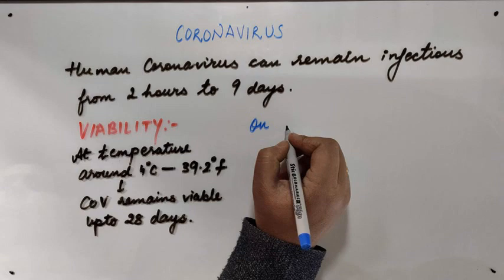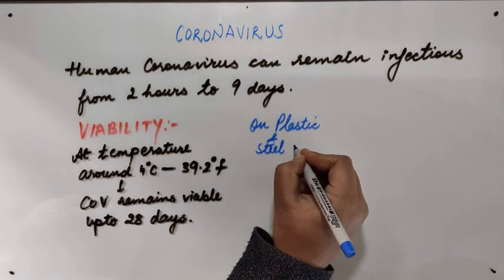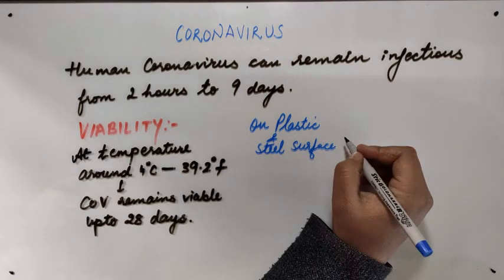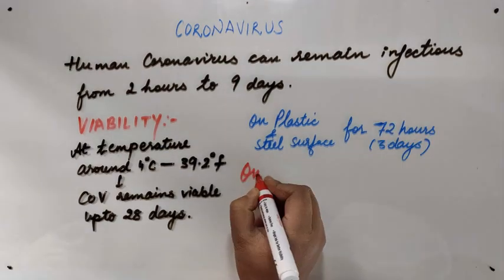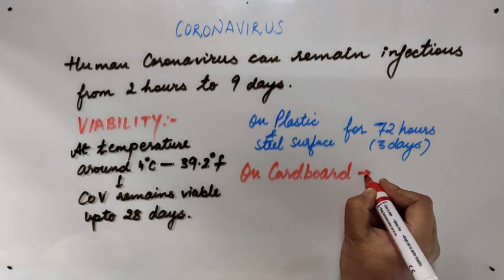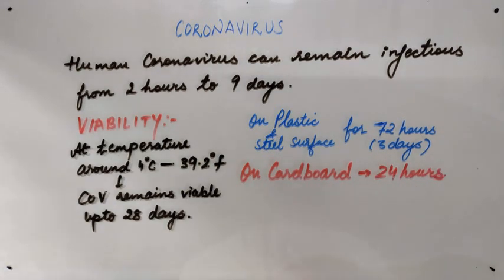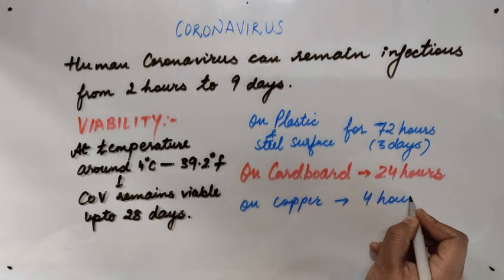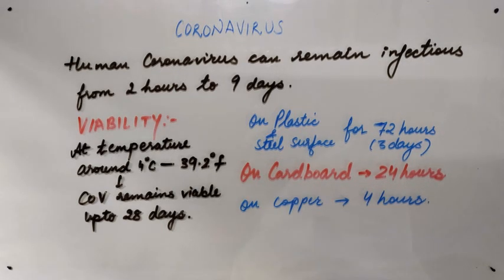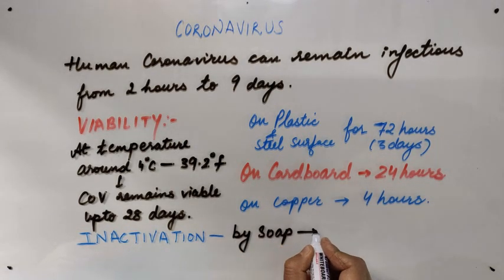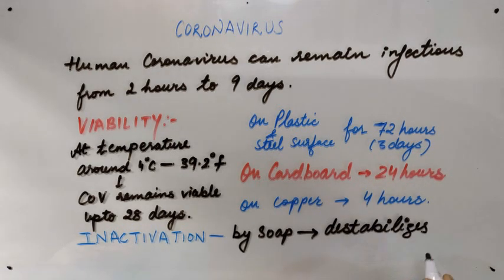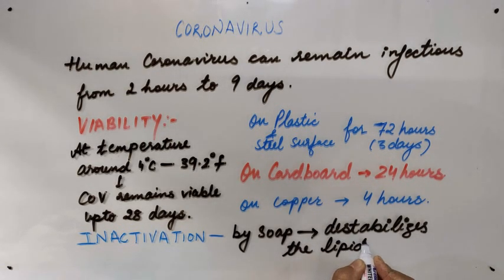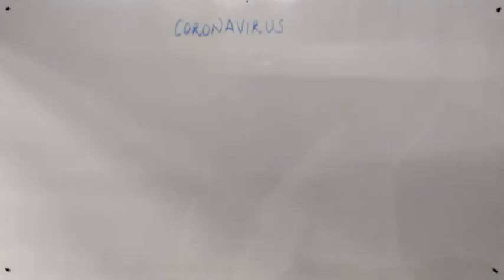And on plastic or steel surfaces, it can remain viable for 72 hours, that is 3 days, on cardboard for 24 hours, and on copper for about 4 hours. Inactivation of the virus. It gets inactivated by contact with soap, as the soap destabilizes the lipid layer. The outer envelope contains lipids.